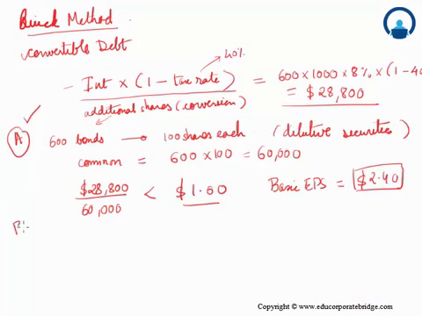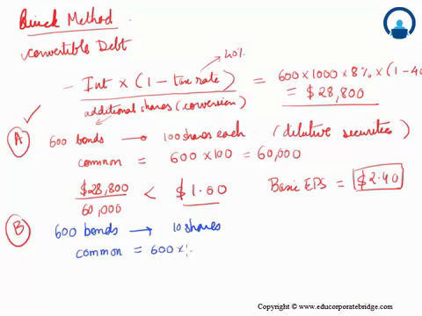Now there was case B which we had discussed earlier. These 600 bonds had a flavor where each got converted into 10 shares. So the total number of common shares in this case would be 600 multiplied by 10, which is 6000. The numerator divided by the denominator is 28,800 divided by 6000, and if you do a rough calculation, this is greater than $4.00.